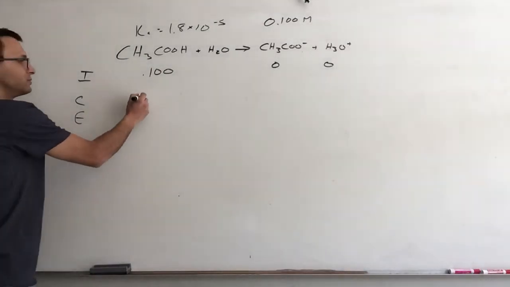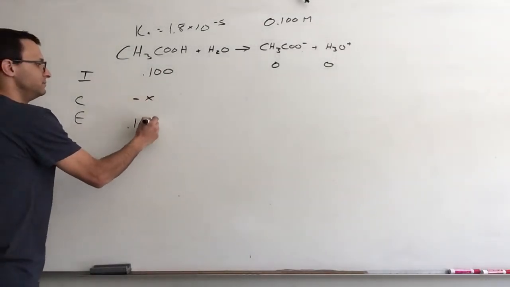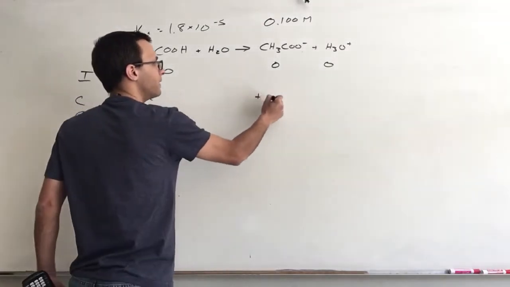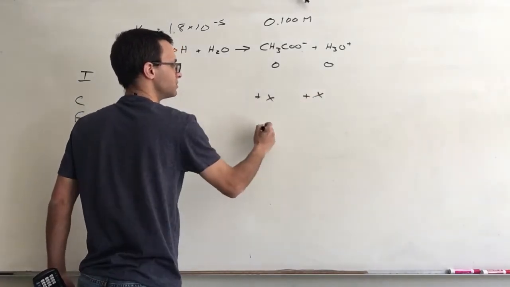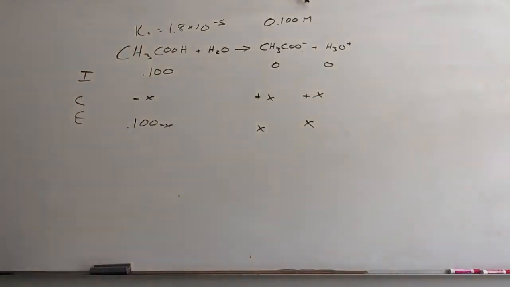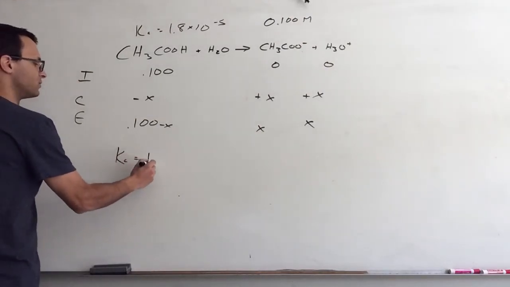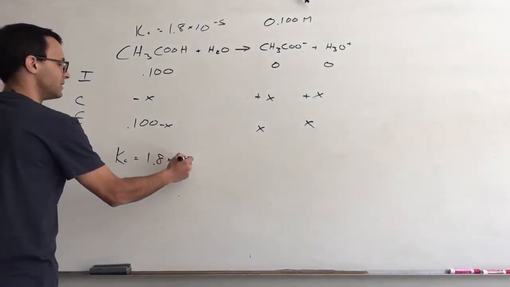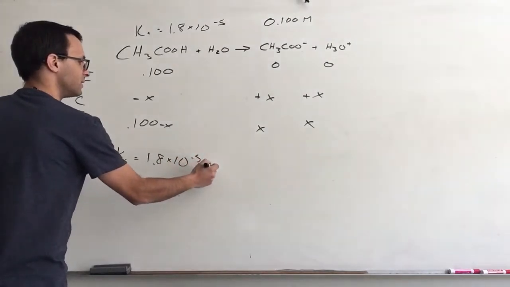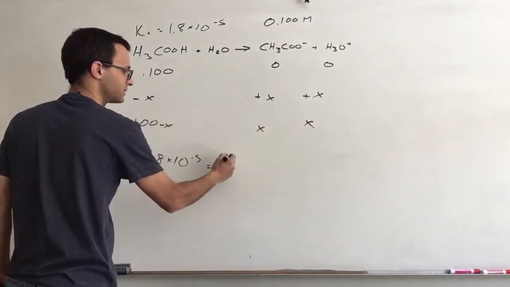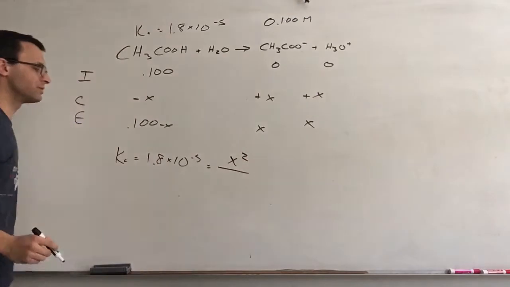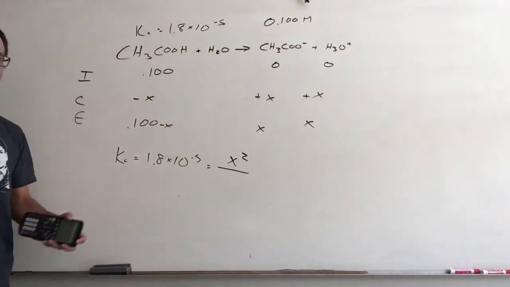And then you're going to subtract a certain amount. This is a 1-to-1 ratio, so you get x and x. If you set up your K expression, then your Ka is 1.8 times 10 to the negative fifth. That's going to equal the products, x squared, over the reactants, 0.1 minus x.